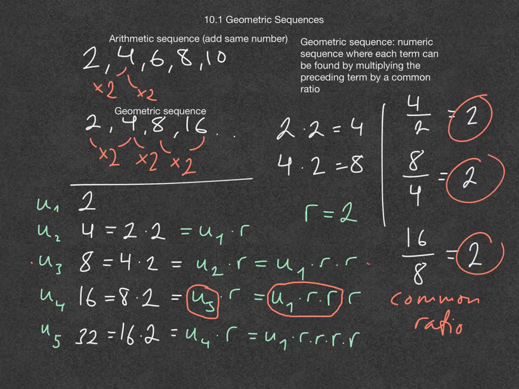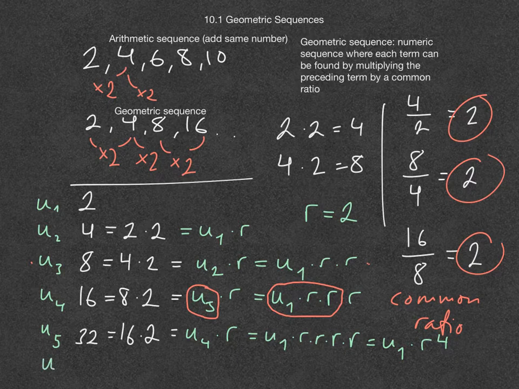And it's getting tiresome with all these r's, so we could just shorten this to u1 multiplied with r to the power of 4. So r times r times r times r, that's r to the power of 4.